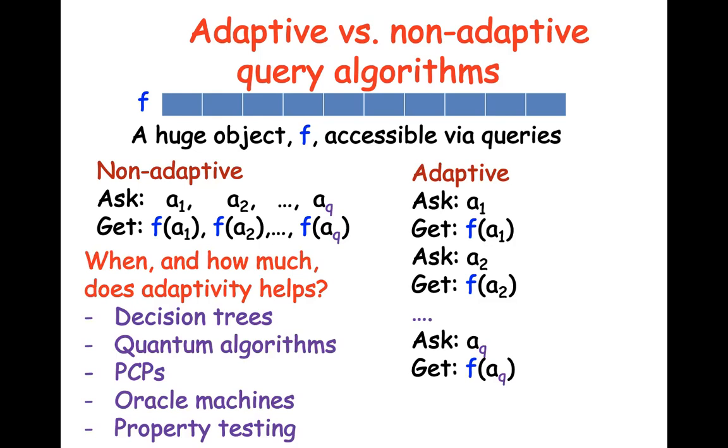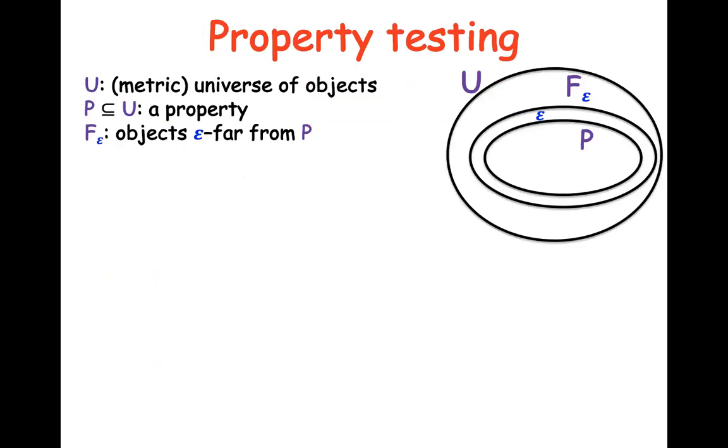This was studied in a variety of settings: decision trees, quantum algorithms, PCPs, oracle machines, and I want to talk about this question in the setting of property testing. Everybody is familiar with the setup. You have a universe of objects with a metric or distance function on it, a subset P, which is a property you want to test, and a sort of complementary subset F epsilon of everything which is epsilon far from this property.